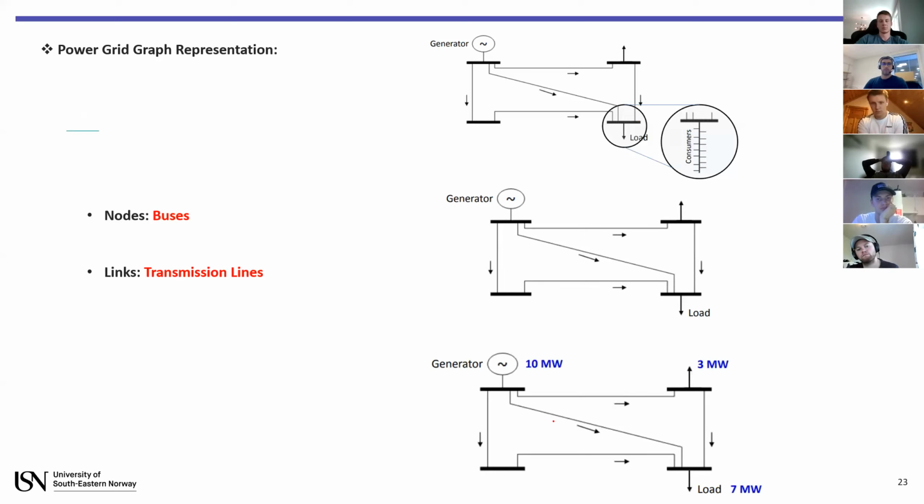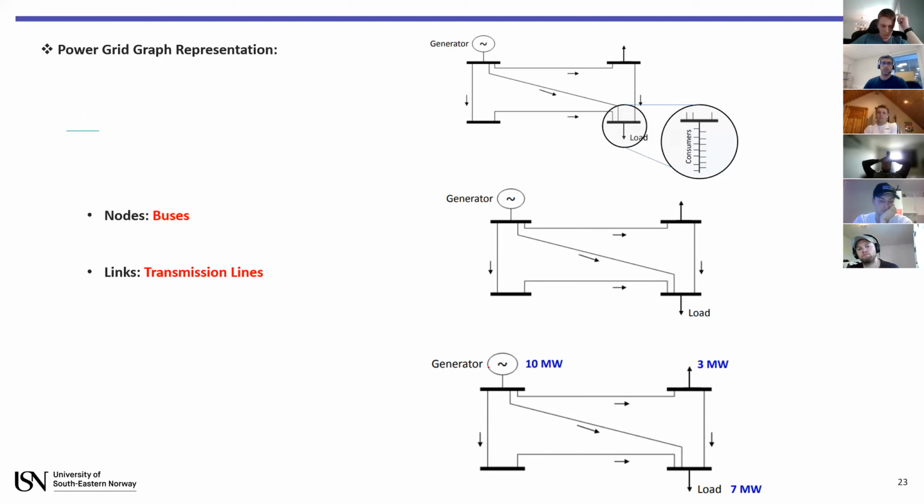Here, probably you heard about load flow. It means how the power flows in different directions in the power system. For example, if you have a 3 megawatt load in this bus and a 7 megawatt load in this bus, the sum of these loads will be 10.